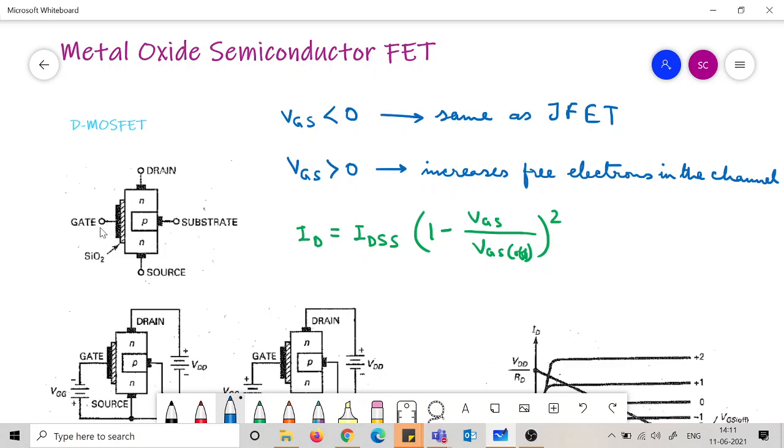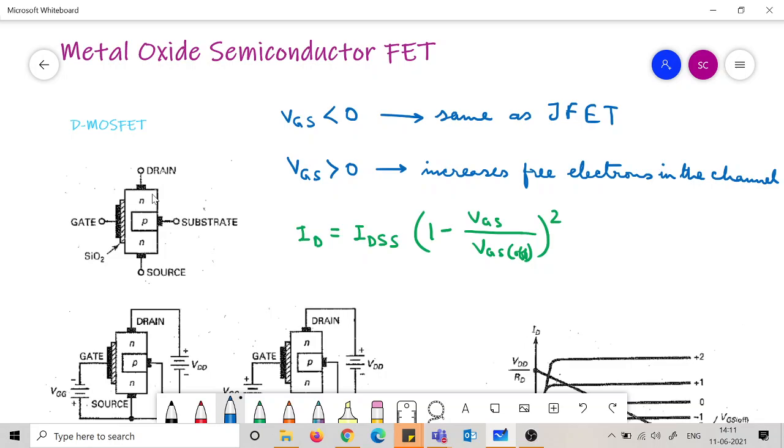So these properties are there because of this metal oxide layer which is there between the gate and the semiconductor. Now if you come here in the semiconductor, how the doping has been made, the N region and the P region, this gives rise to the depletion type. The depletion type MOSFET looks like this. There is another type which I already told you about, enhancement type.